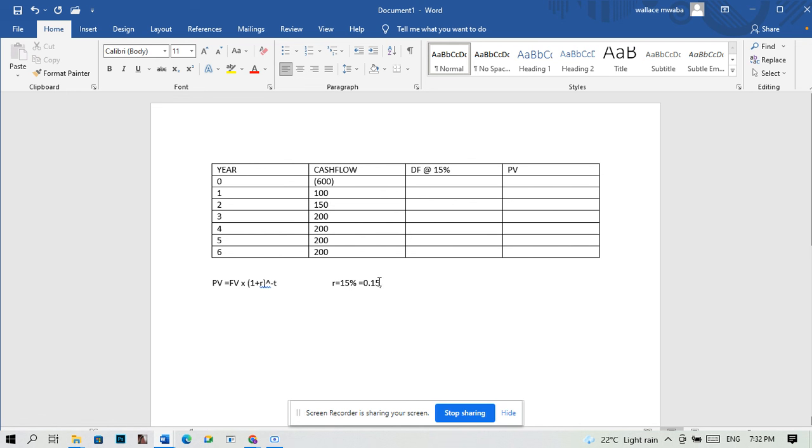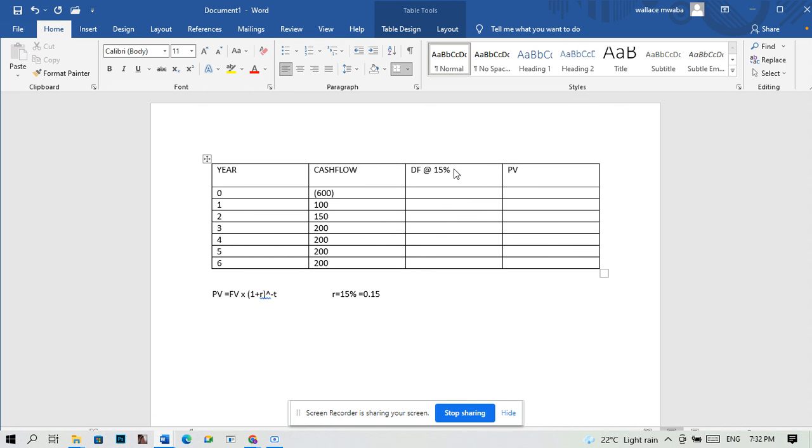15%, we divide it by 100, we get 0.15. So in our formula, it's going to become 1 plus 0.15 to the power negative t.